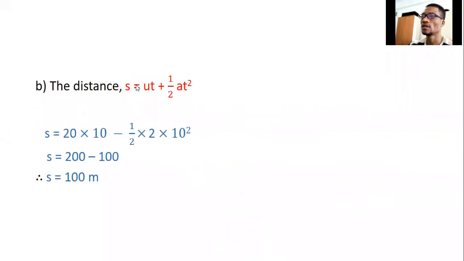To calculate that, we make use of this equation: s equal to ut plus half at squared, because we have our time. We can't use the v squared equals u squared equation, that's the third equation, here. So you can use this.